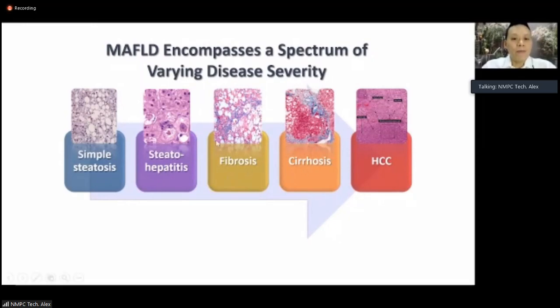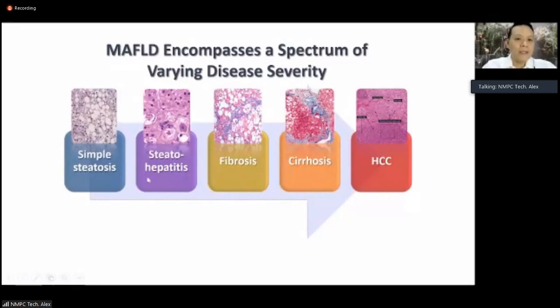Before fibrosis happens, the patient first develops simple steatosis, meaning there's fat formation in the liver because of triglyceride accumulation. And then once the fat accumulates in the liver, the patient may undergo inflammation, and that is what we now term steatohepatitis.